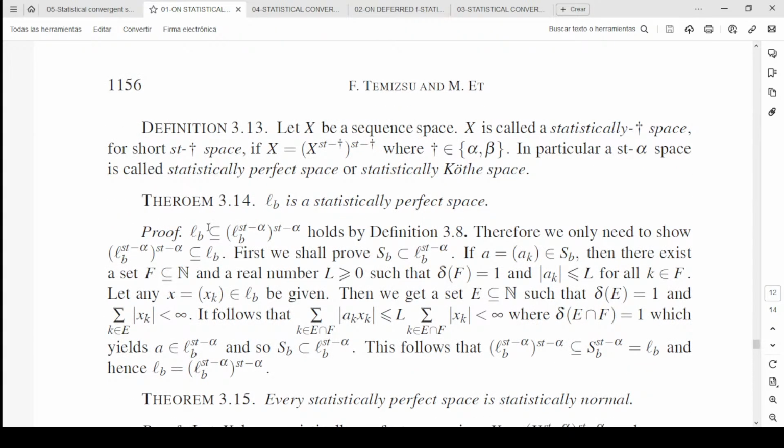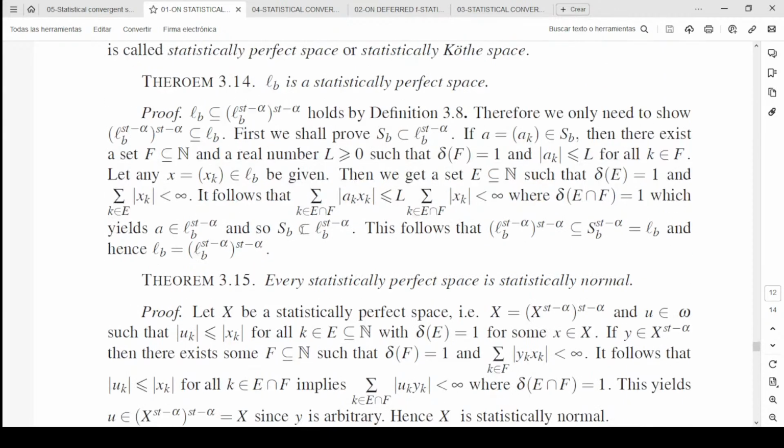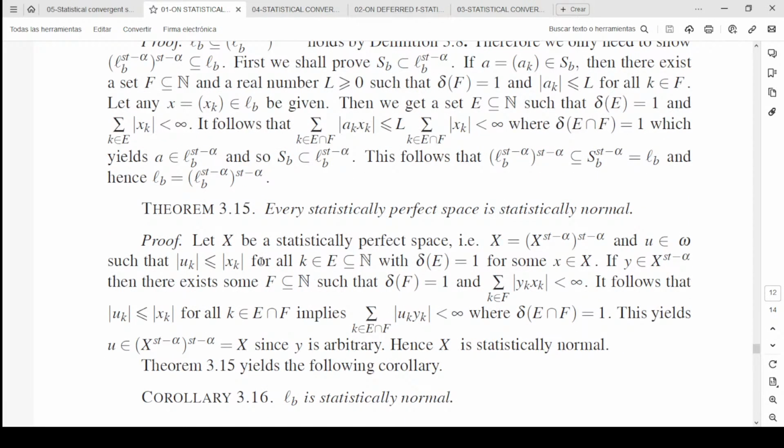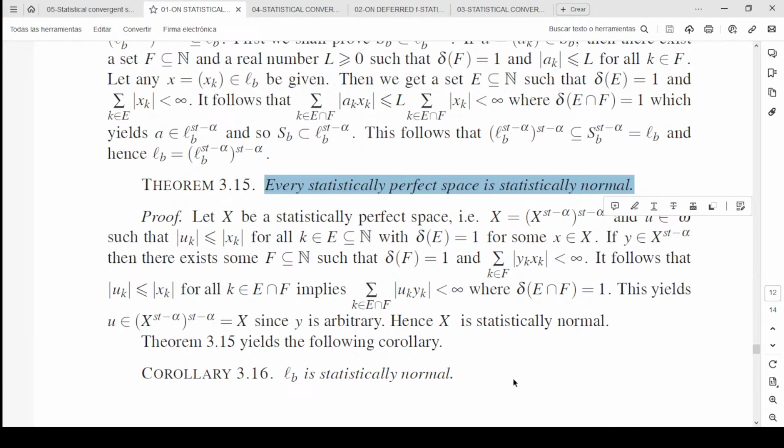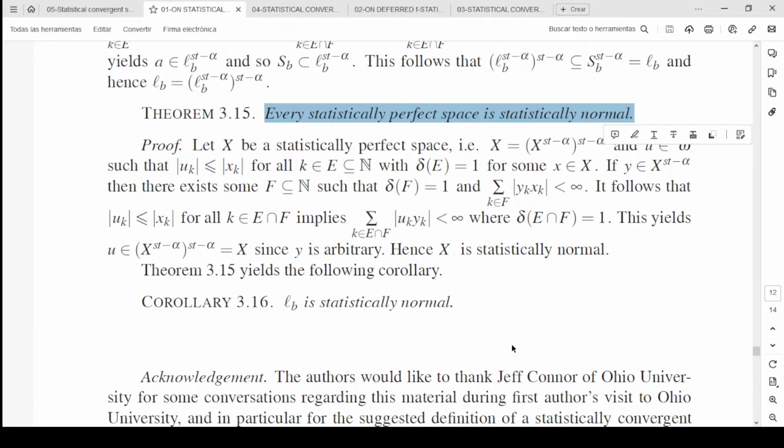In this theorem, we prove that LB that we defined before is a statistically perfect space. In this theorem, we show that every statistically perfect space is statistically normal. And as an immediate corollary, we express that LB is statistically normal.